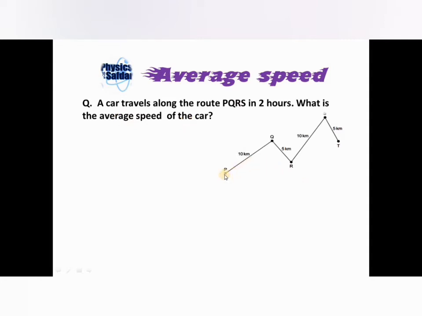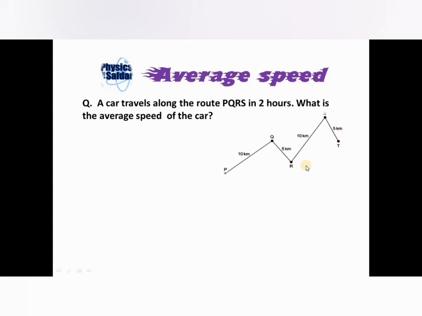The car starts from point P, then moves to point Q and covers a distance of 10 km. Then Q to R covers 5 km. Then R to S 10 km, and finally S to point T 5 km. So don't be confused by the shape we have.